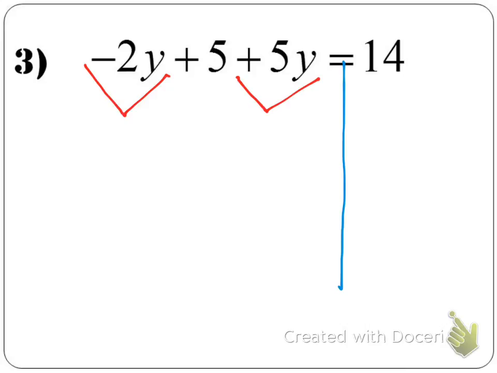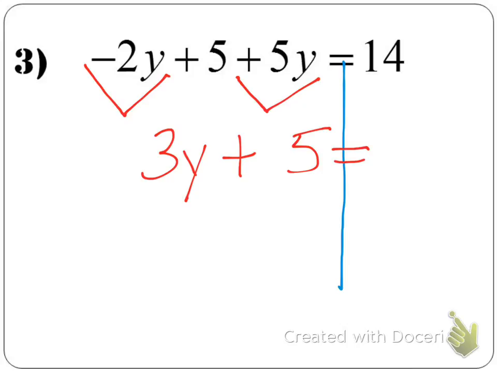No inverse operations needed. What is negative 2y plus 5y? The signs are different, so you subtract the numbers, keep the sign of the bigger number. If the 5 was negative, then it'd be negative 7. But the 5's positive. So subtract the numbers, keep the positive sign because you have more positives. So it's actually 3y plus 5.